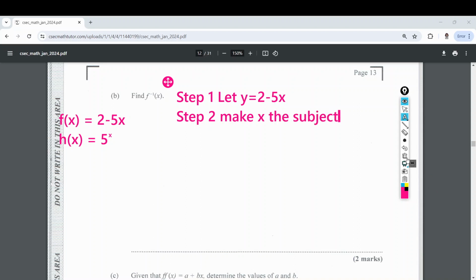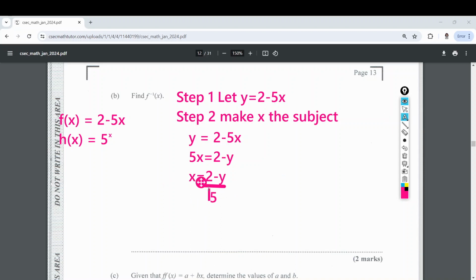So we need to make x the subject, guys. y is equal to 2 minus 5x. So we're going to say 5x is equal to 2 minus y. x is equal to 2 minus y all over 5.